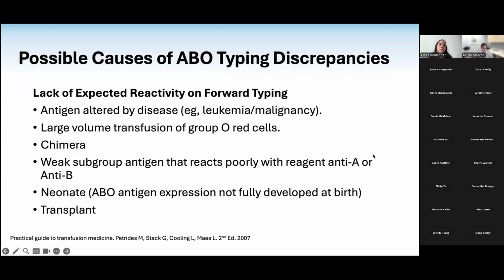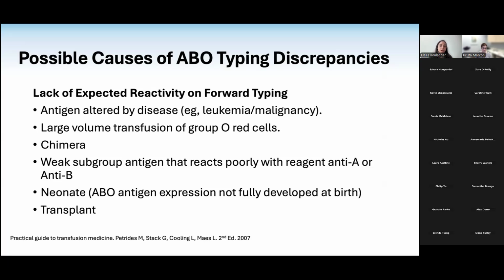So in conclusion, the possible causes for lack of expected reactivity on forward typing were: antigen altered by disease such as leukemia or malignancy, patients who receive a large volume of transfusion with O red cells, chimera, weak subgroup antigen that reacts very poorly with the reagent anti-A or anti-B, and neonates.